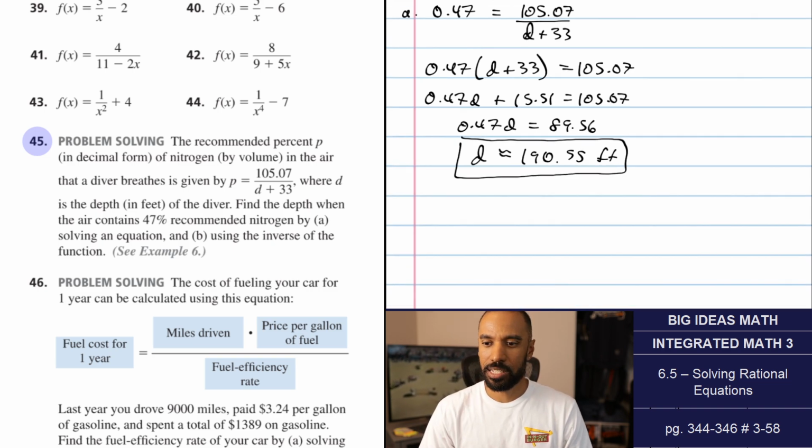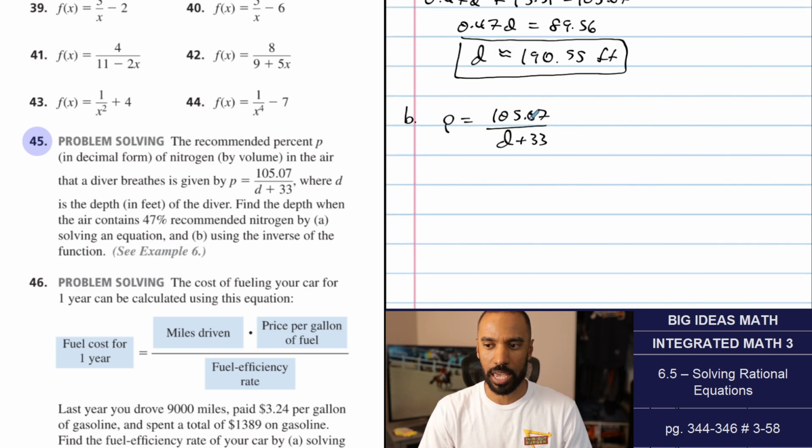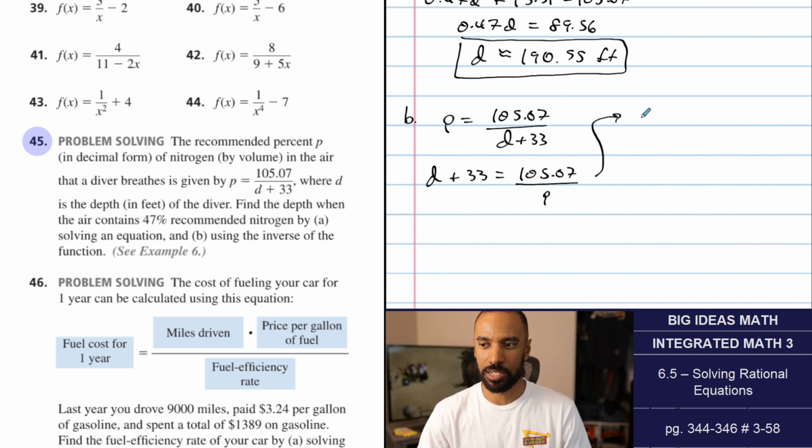Part B is getting D by itself first beforehand. So P equals 105.07 over D plus 33. Let's do what we just did in the previous inverse questions. I can multiply both sides by D plus 33 and divide both sides by P. And I get D plus 33 equals 105.07 over P. Then I subtract 33 from both sides. You get D equals 105.07 over P minus 33.